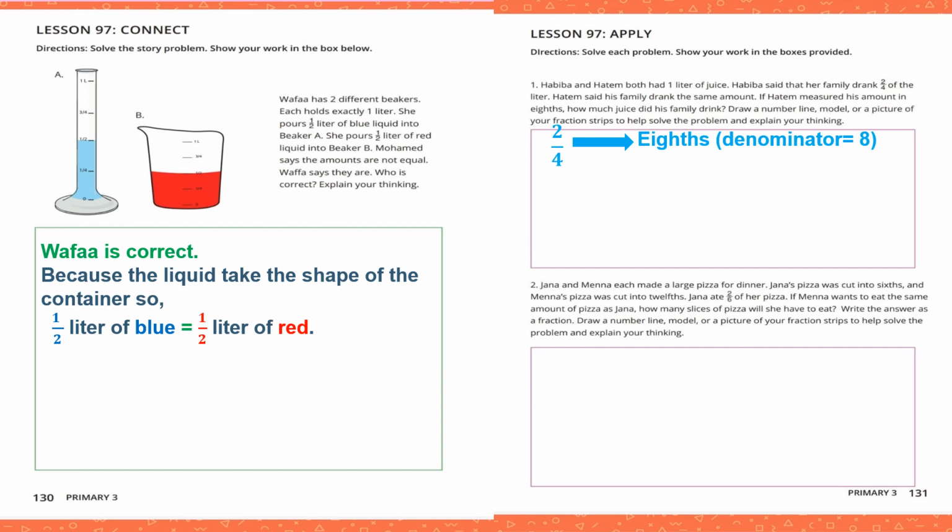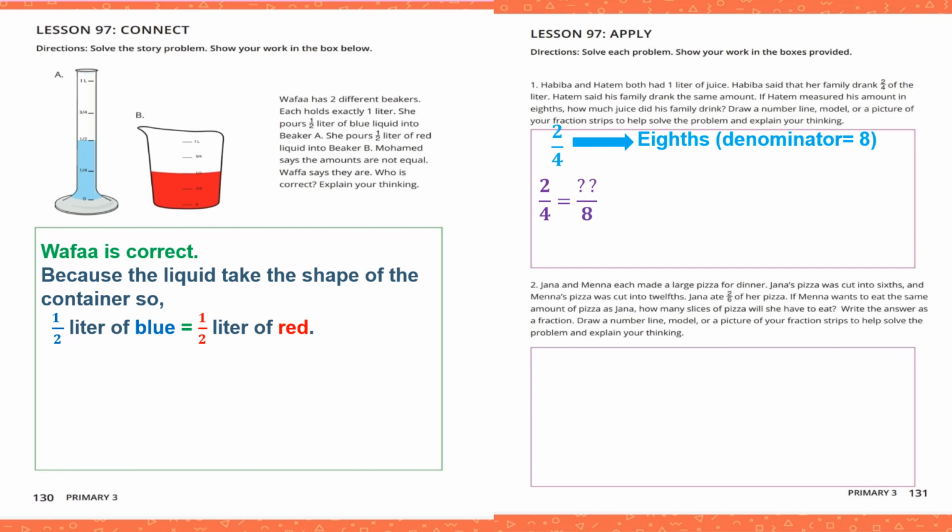So her family drank 2/4 and his family drank the same amount. But in eighths, it means denominator equals 8. So I need to know 2 over 4 equals how many eighths?